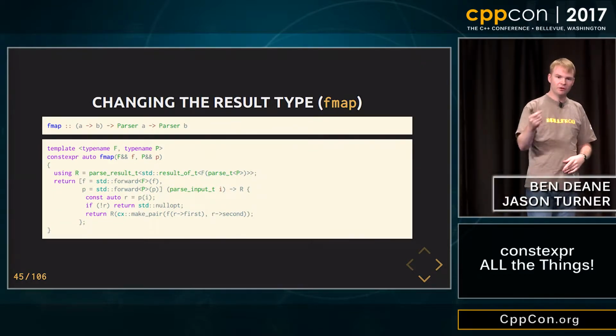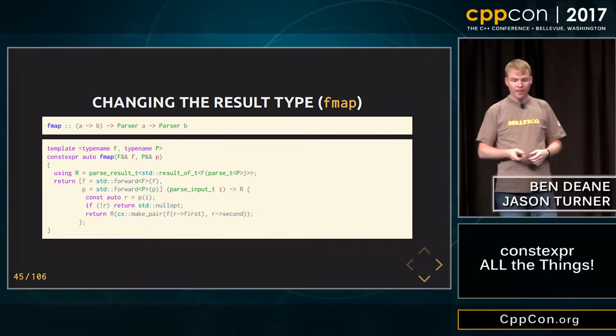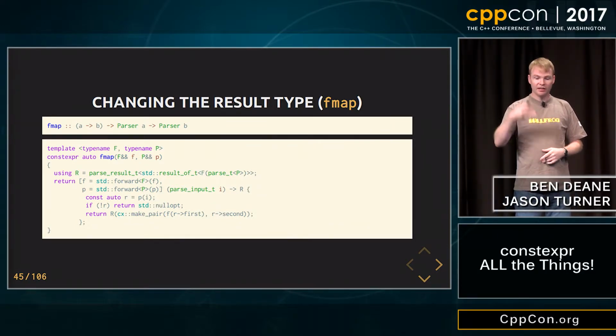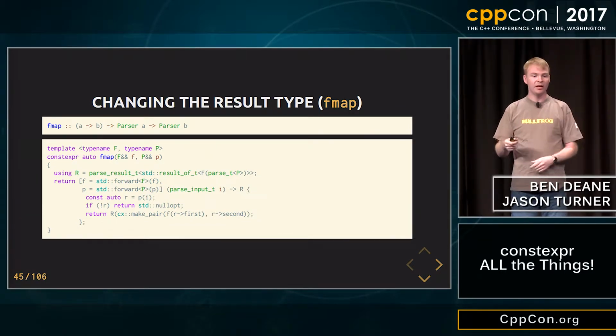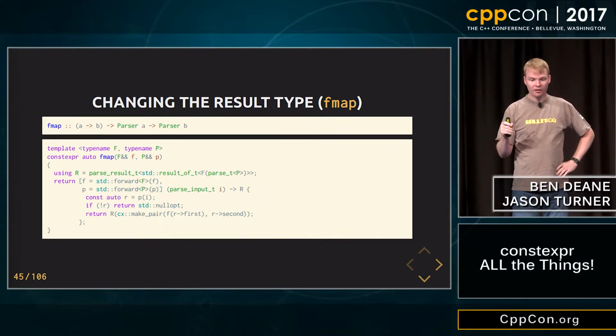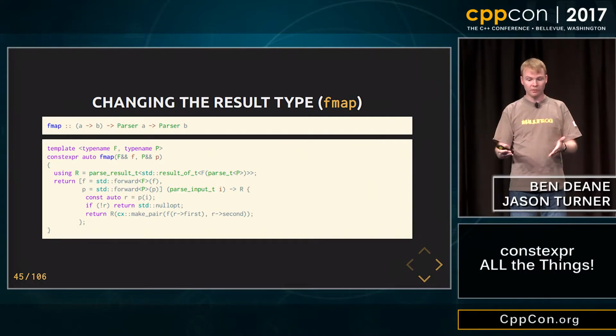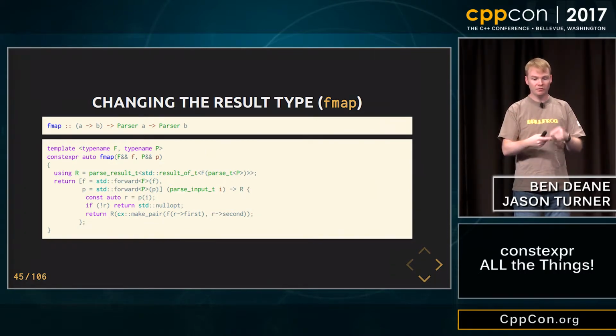This is the thing that changes a char into an int, for example. Again, the Haskell type signatures are at the top, if you're familiar with those. But it takes fundamentally the function f and the parser p, and what it's going to return is itself a parser, a lambda. And what we do is capture the function and the parser that we've got to change.